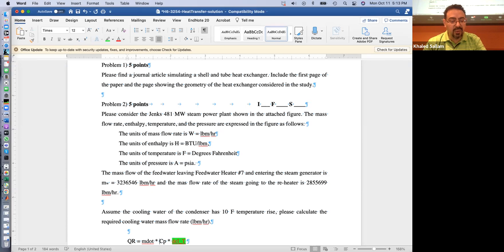This Cp, I know. Why? Because it's the Cp of water at room temperature. I can just Google the specific heat of water at room temperature, and it's like 4184.8 joule per kilogram Kelvin, more or less, right? It's a famous number because that's how they turn the joule to calorie, right?